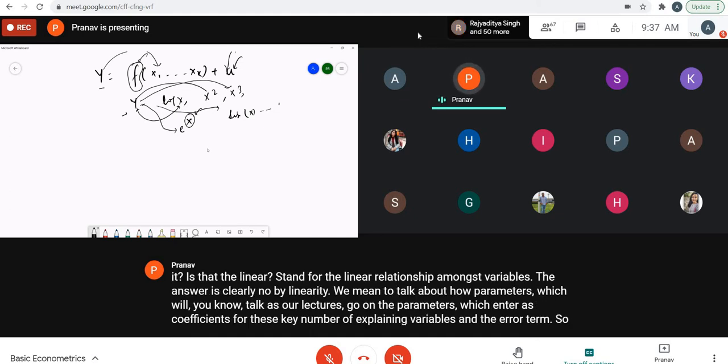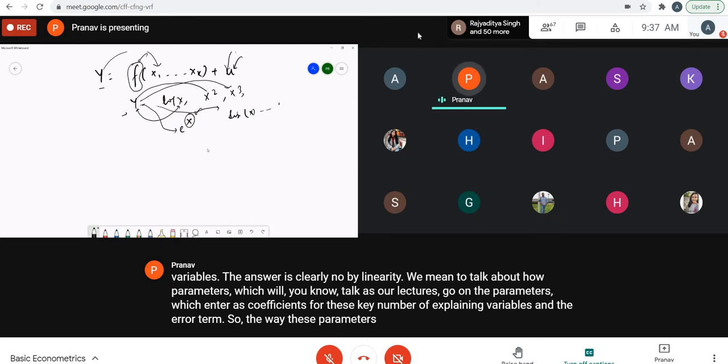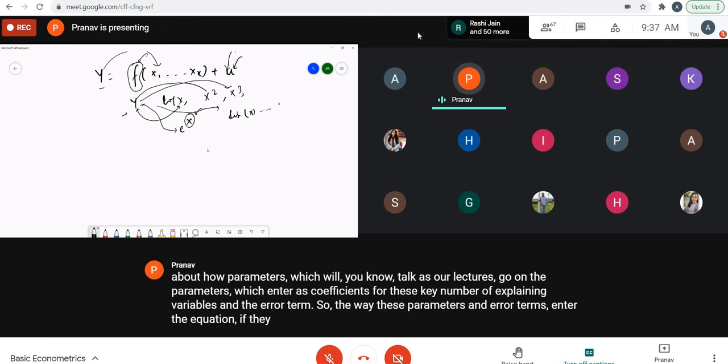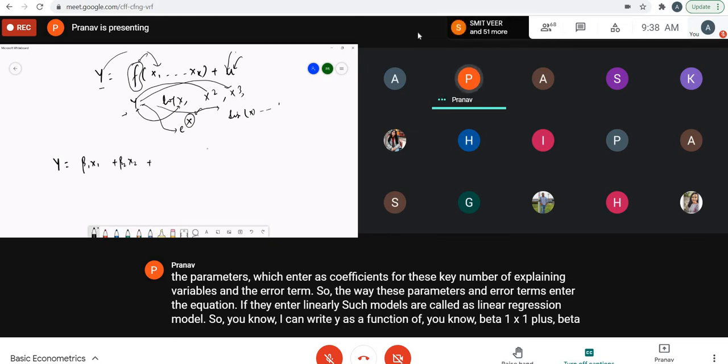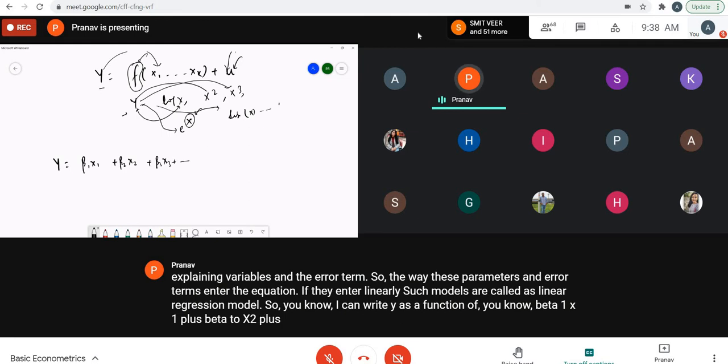So the way these parameters and error terms enter the equation, if they enter linearly, such models are called linear regression models. So I can write y as a function of beta 1 x1 plus beta 2 x2 plus beta 3 x3 till beta k xk plus a random term u.